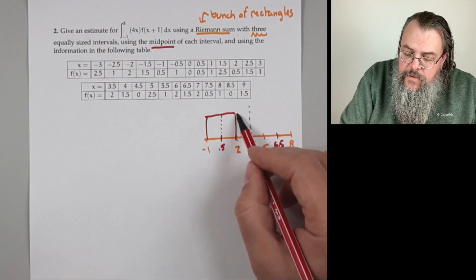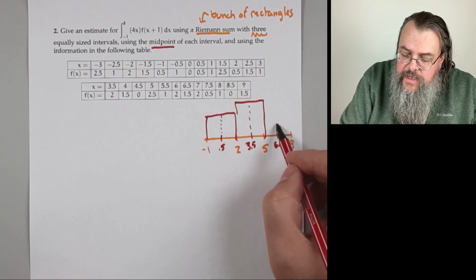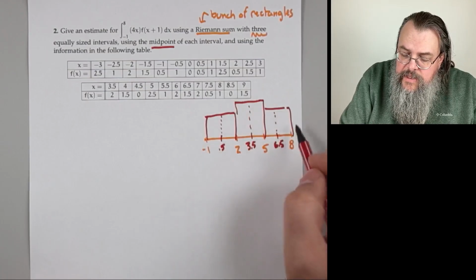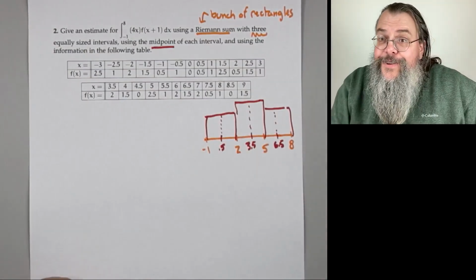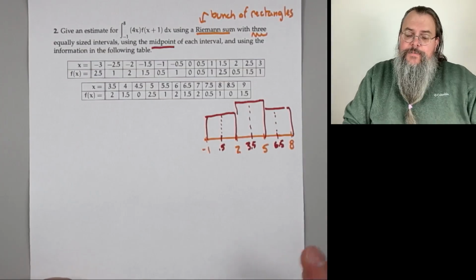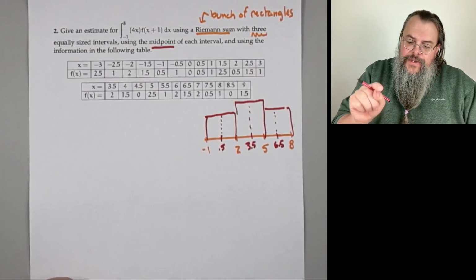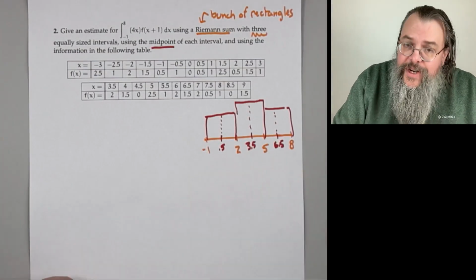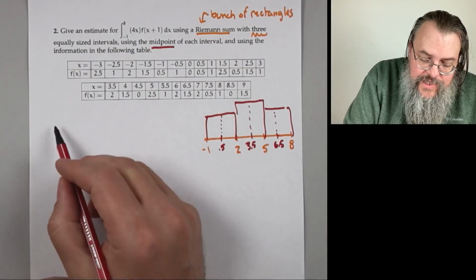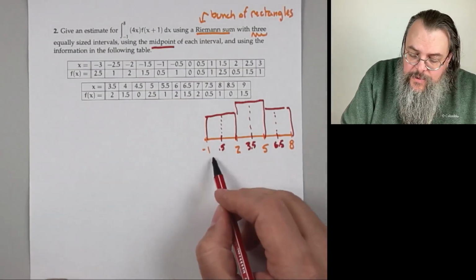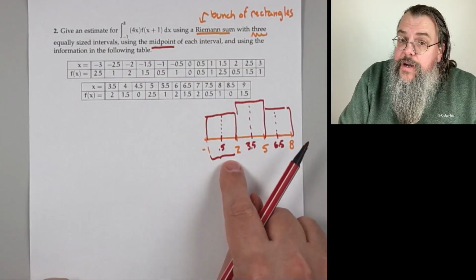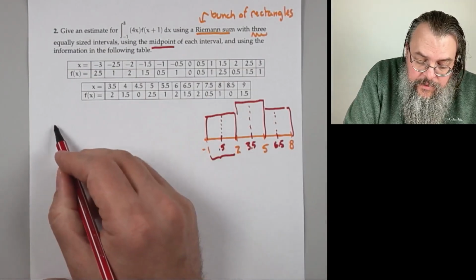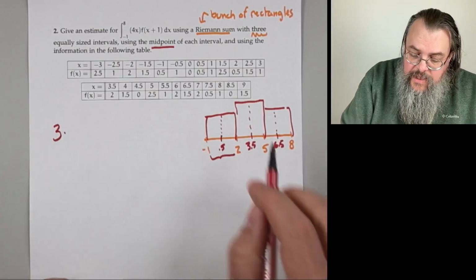Now, we'll go through and actually do this in a second. And the idea is once we find the area of these rectangles, life is good. That's our approximation. So, let's start with our first rectangle. Well, what's the area? Well, we have the width at the bottom. So that would be 3 times the height.